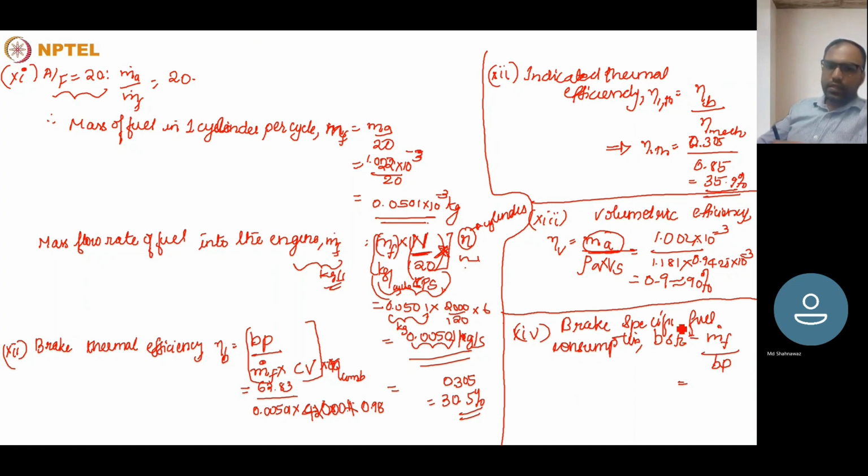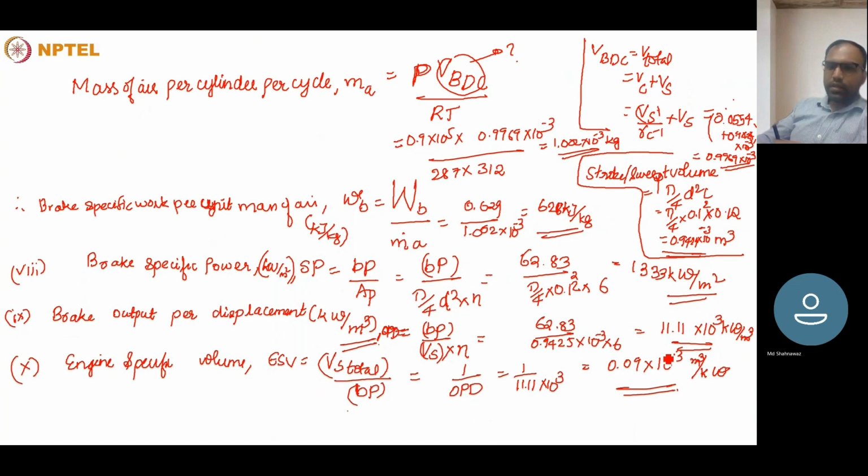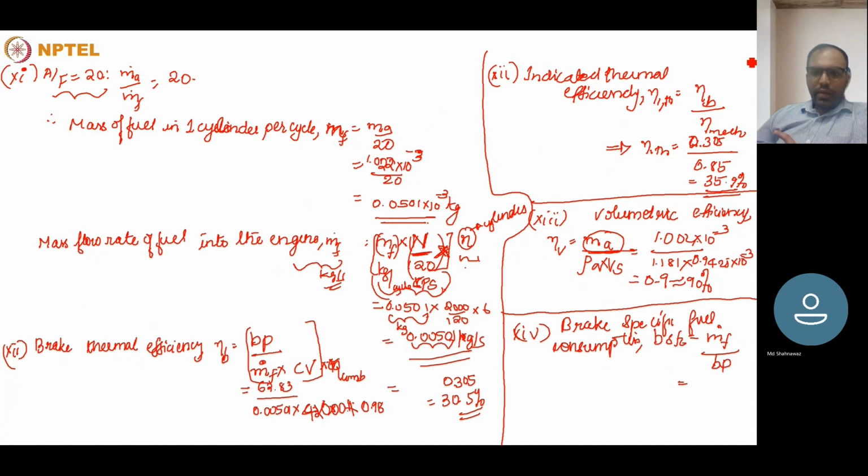Engine specific volume will be the reciprocal of the brake output per displacement. It's the ratio of the total volume divided by the brake power produced. So here brake specific fuel consumption is the mass flow rate of the fuel to the engine divided by the total brake power.